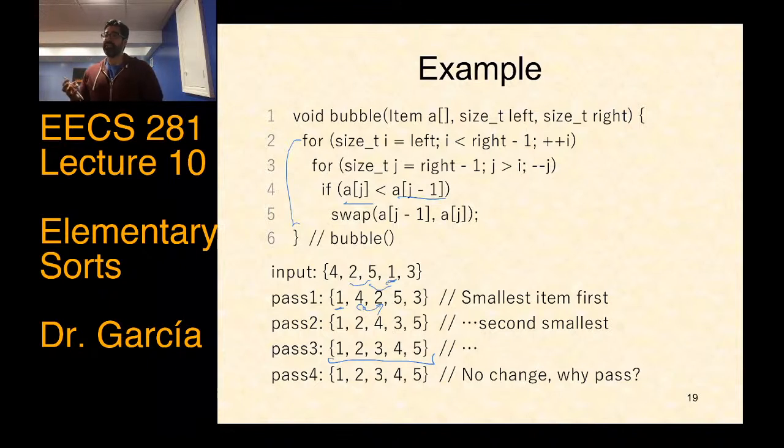So can anybody suggest a way to improve this, noticing the fact that our algorithm relies on swaps? Can anybody point a way to improve this bubble sort, basically by eliminating this last pass?